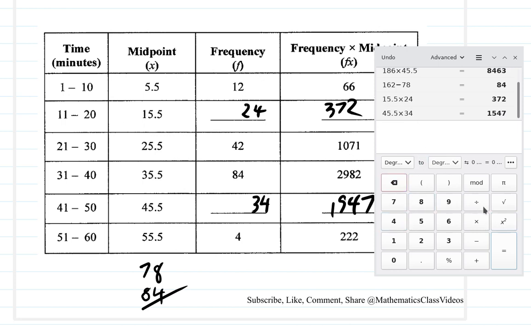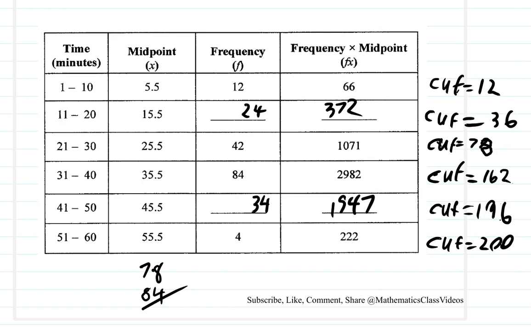You wouldn't have time to do that in the exam, though. Remember, we have 12 plus 24 plus 42 plus 84 plus 34 plus 4 equals. Nice. Everything comes up to 200. Just to check that everything is alright.